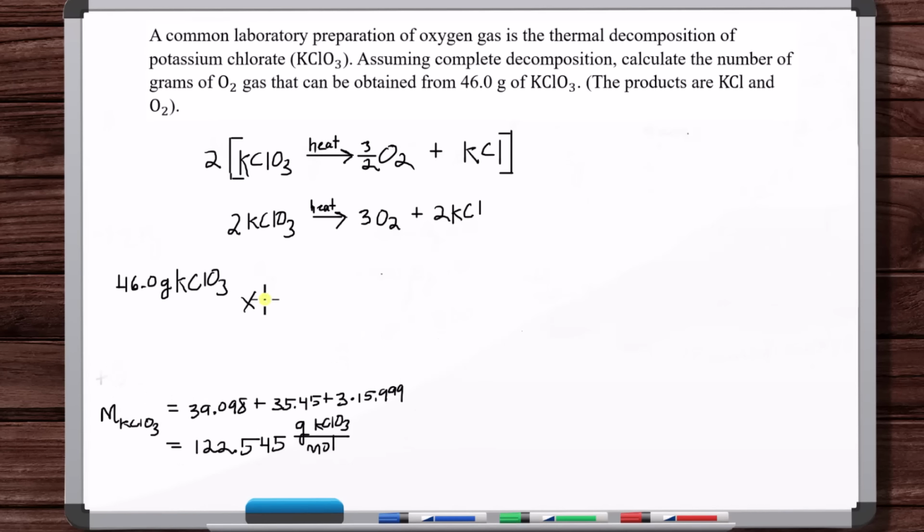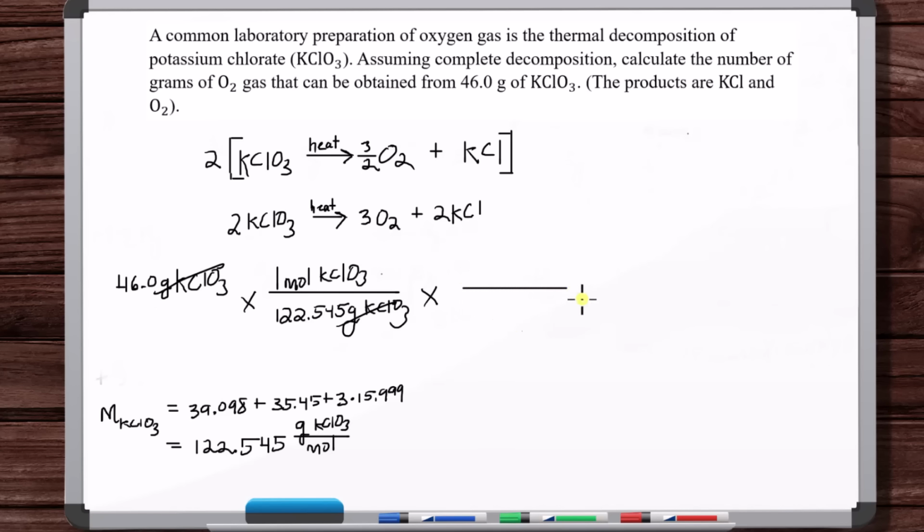So now we have 122.545 grams KClO3 per mole. These cancel, and now we're in moles of KClO3.